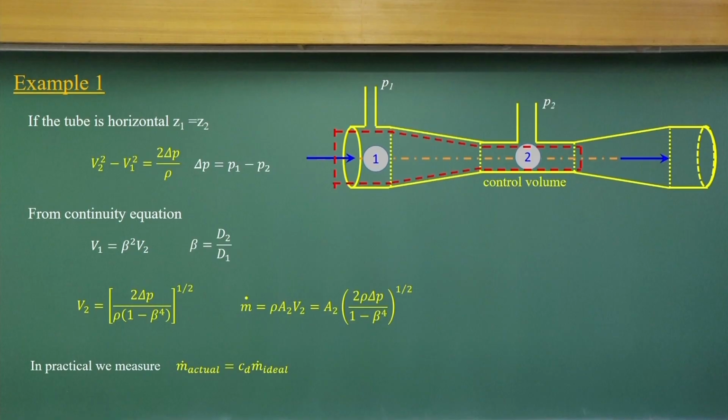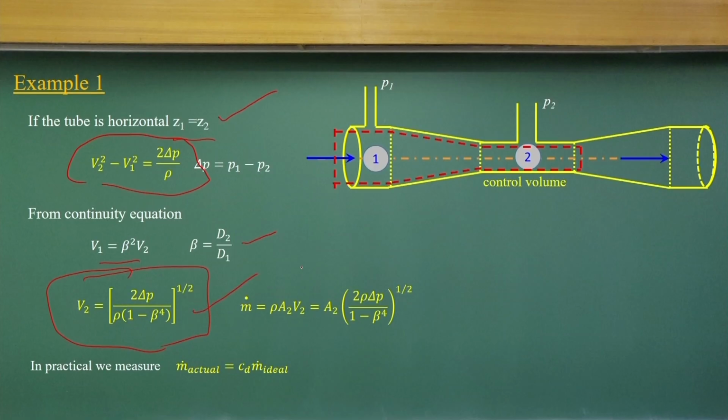We use the average velocity here, and as the tube is horizontal, Z1 equals Z2, you can write the velocity difference in terms of pressure, and you apply the continuity equation to get V2 in terms of the pressure difference and beta, which is the ratio between D2 and D1, representing the diameters at sections 2 and 1 respectively.